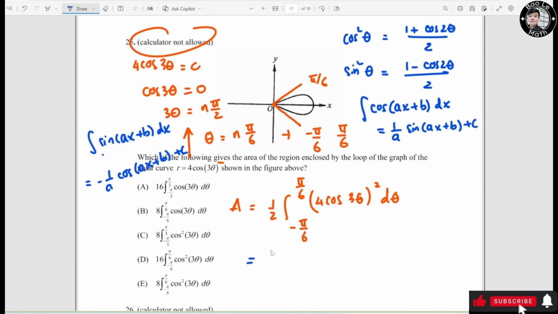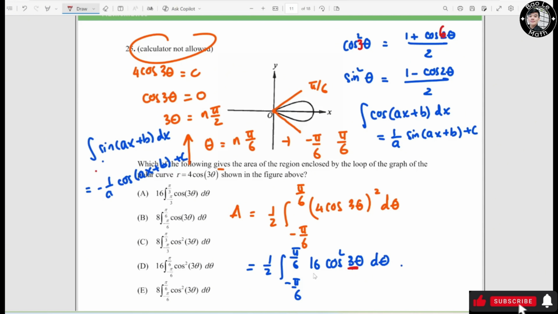This is 1/2 integral from negative pi over 6 to pi over 6 of 16 cosine squared 3 theta d theta. Now 16 divided by 2 is going to be 8. So we have 8 integral from negative pi over 6 to pi over 6 of cosine squared 3 theta d theta. The answer must be E.